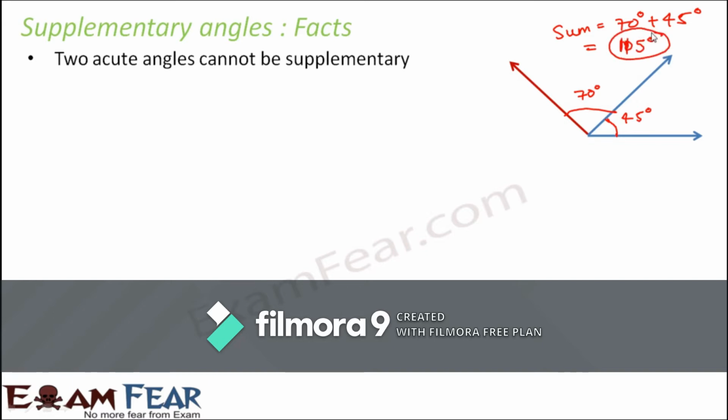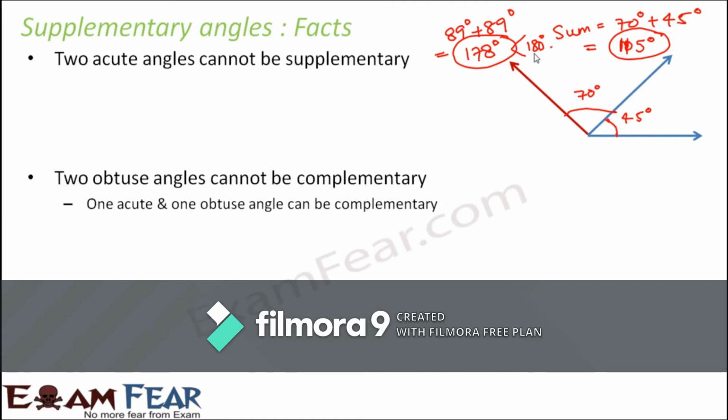So do you think that this is equal to 180 degrees? No. So basically you think of any acute angles. Let's try to think of the maximum possible acute angle, maybe something like 89 degrees. So even if you have two 89 degrees, just add them up. How much do you get? You get 178 degrees, which is still less than 180 degrees. Therefore, supplementary angles cannot be formed by two acute angles.